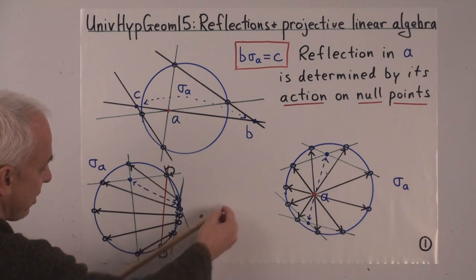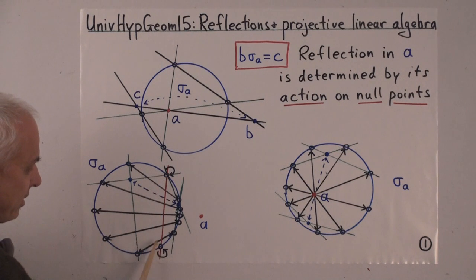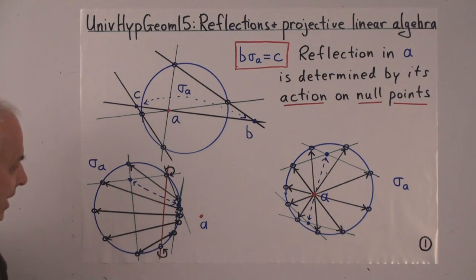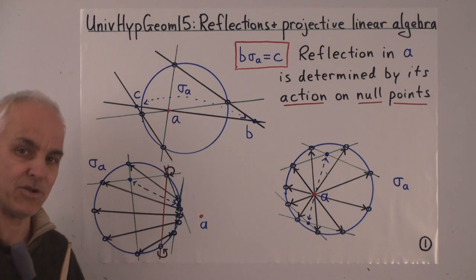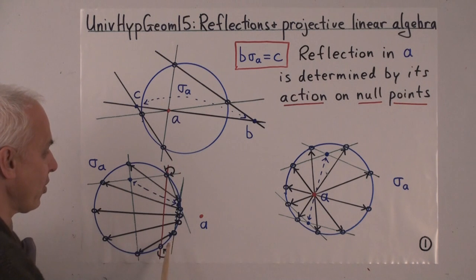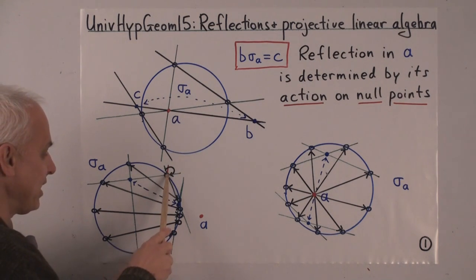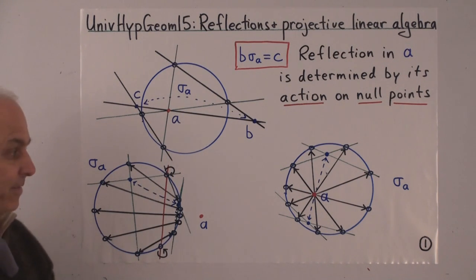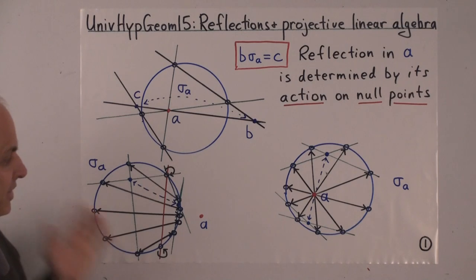These 2 lines here meet the circle only in 1 point, tangentially. And so those are fixed points under this reflection. The action on the unit circle keeps these 2 points fixed. And of course those 2 points happen to be on the dual line of A. So this is what we want to do.